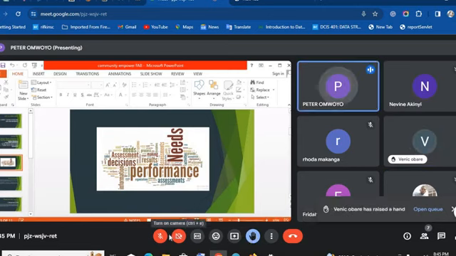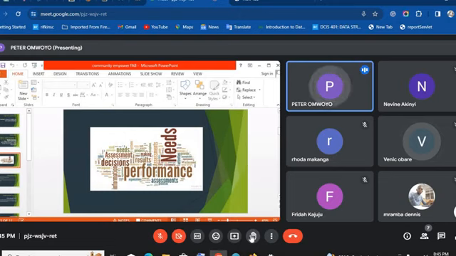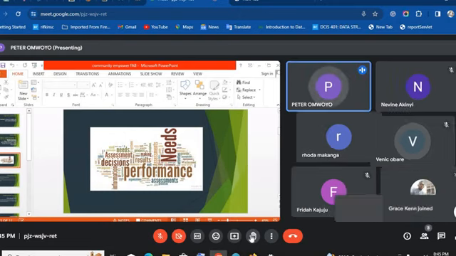Decisions. Okay, if you look at all those words in that diagram, you realize that all those words are, in one way or another, talking about assessment of needs within a community.